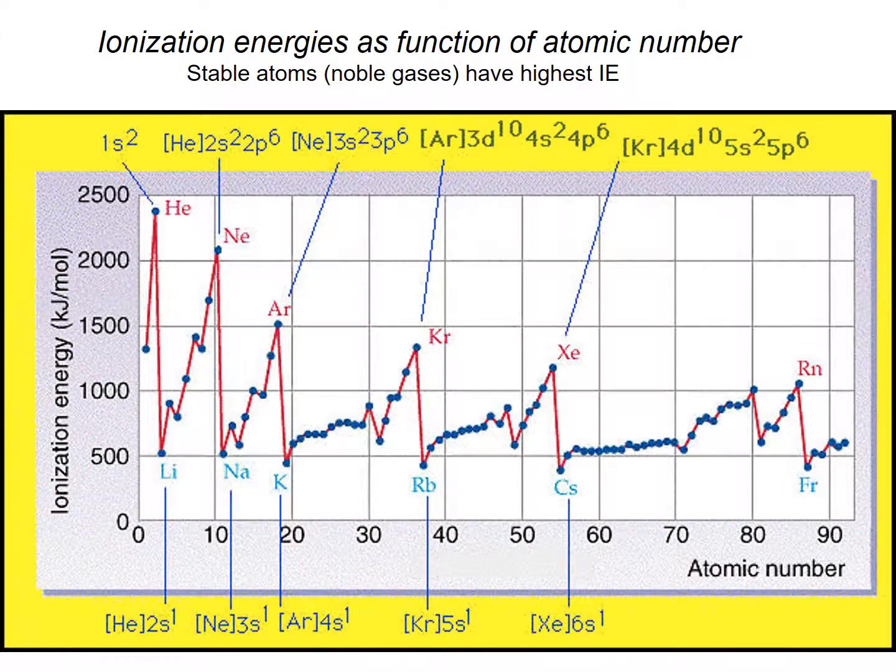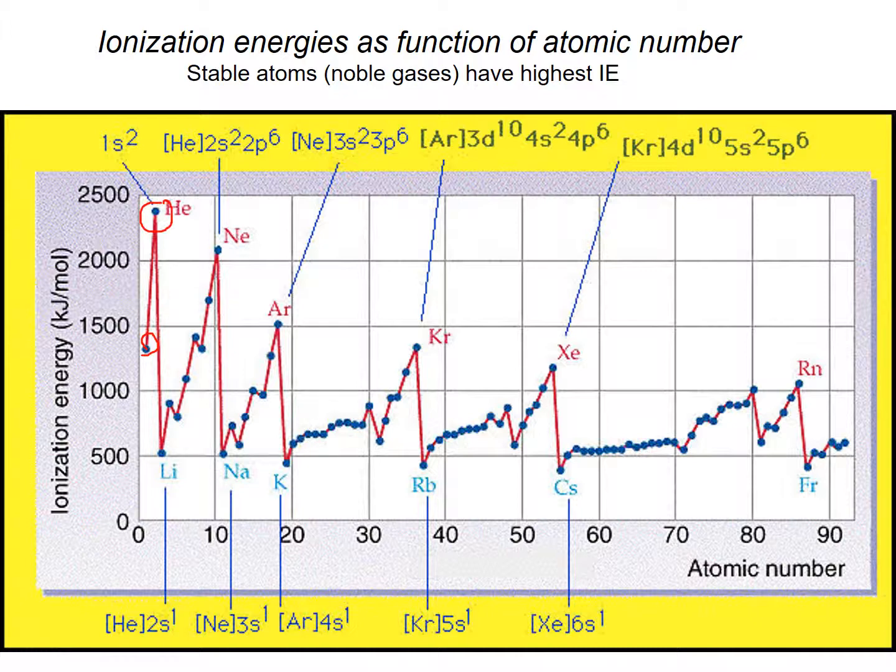This is the much familiar graph that shows ionization energies as a function of atomic number. And so I can see as I go across a row, the first row has 2 elements, hydrogen here, and helium is much higher.